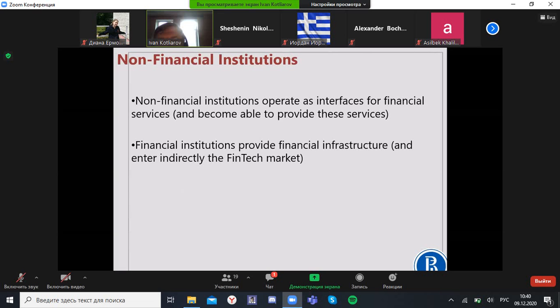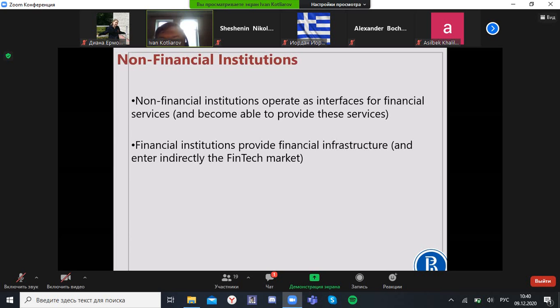It means that Vkontakte acts as a reseller of VTB24 financial services. So the participation of this social network on the financial market is actually based on a close cooperation with VTB24.